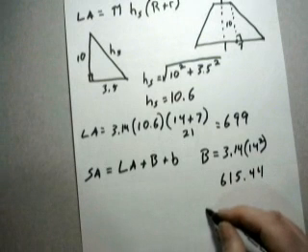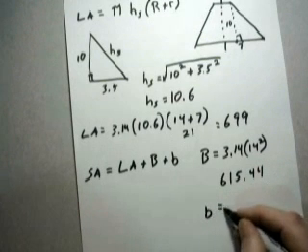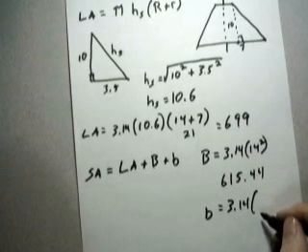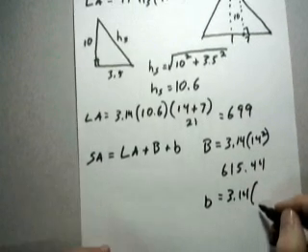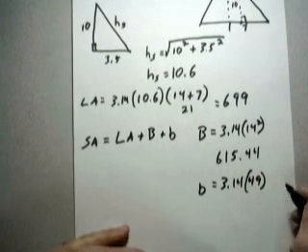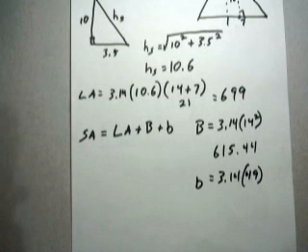Now the area of the little base is equal to 3.14 times 7 squared, which I know to be 49. So 49 times 3.14 is 153.86.